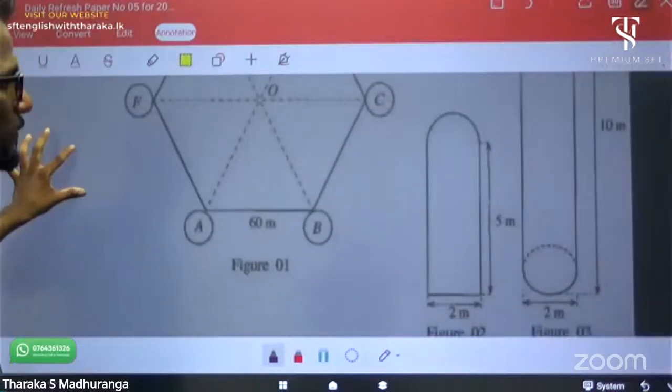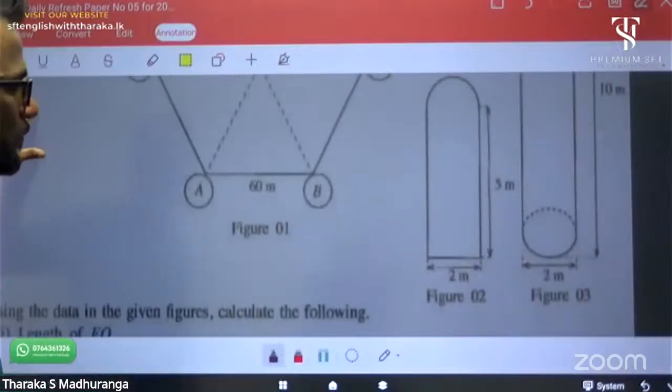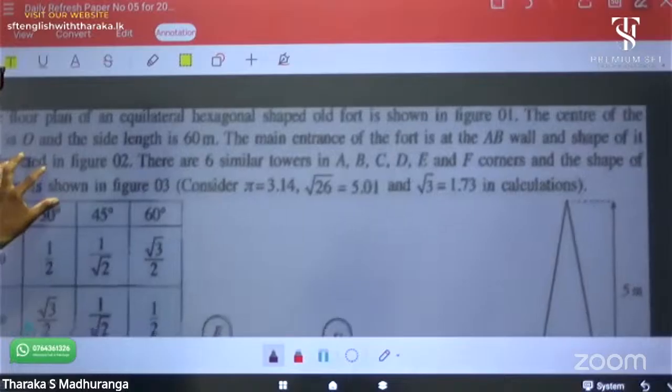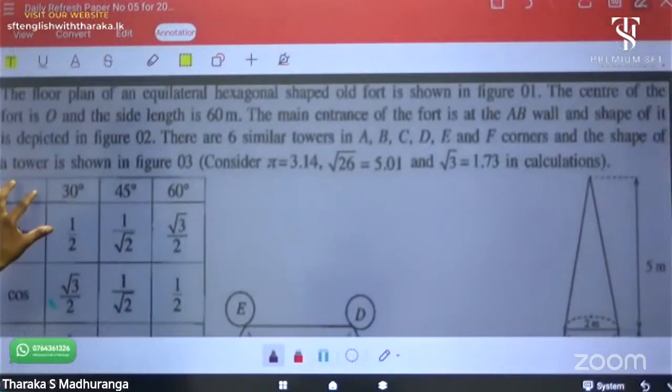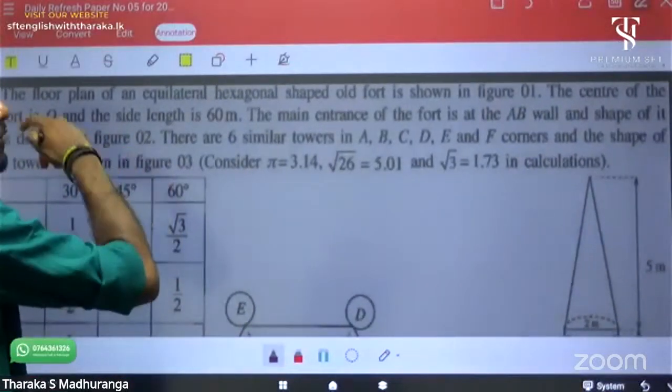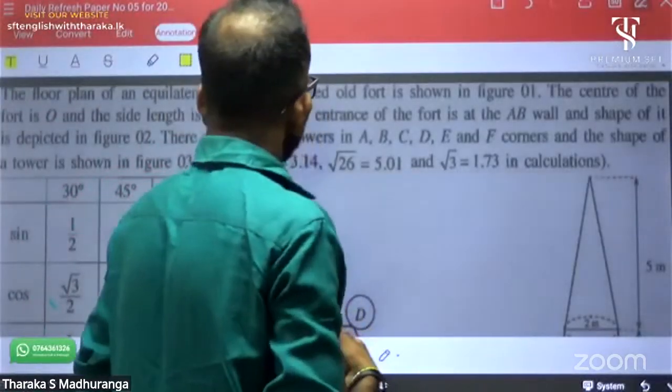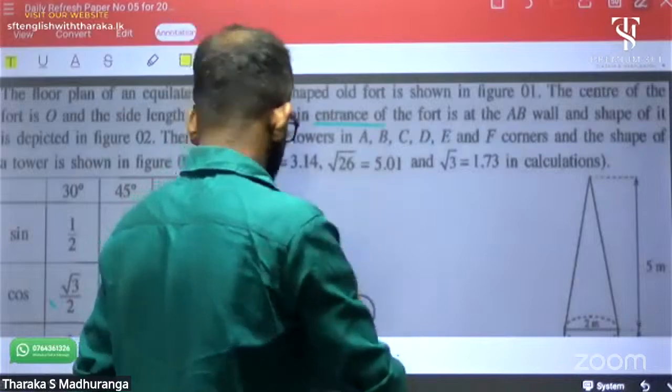AB has figure 2, it's the main door, depicted in figure 2, so it does not matter here.